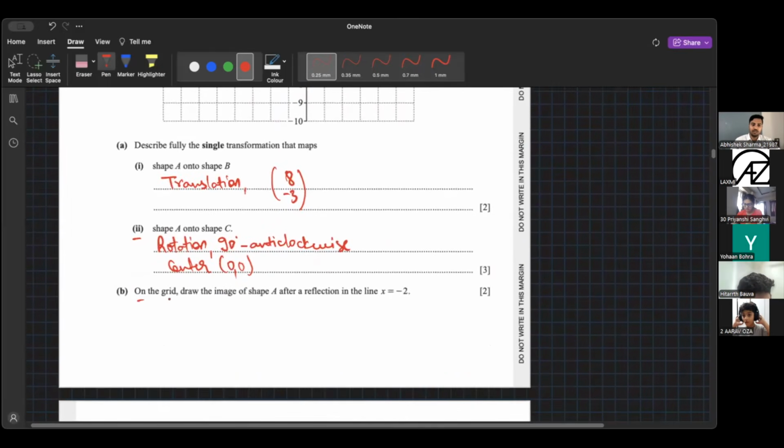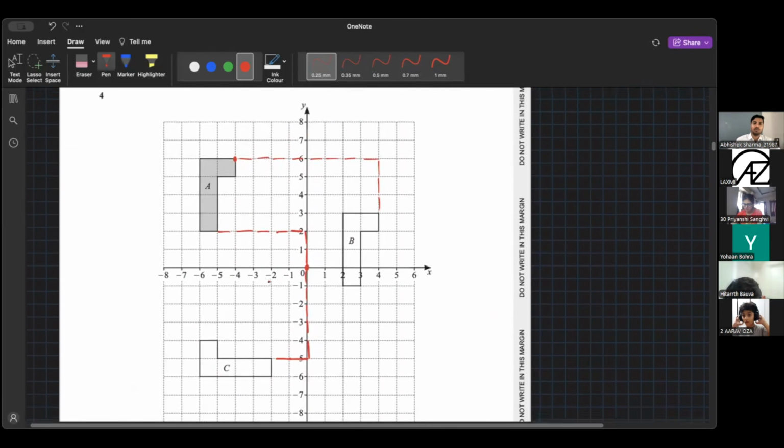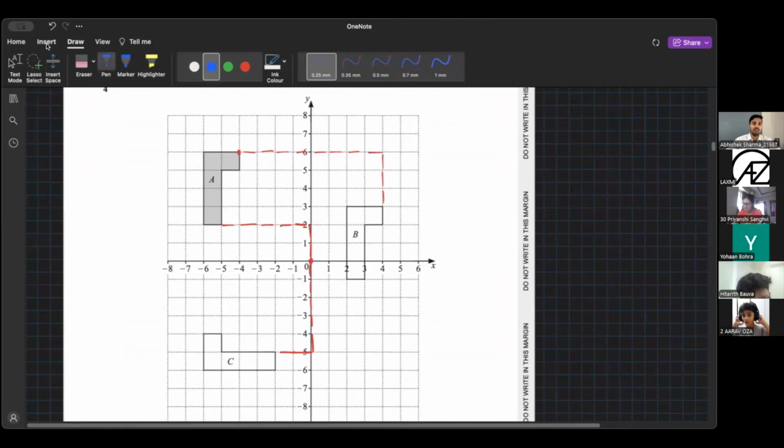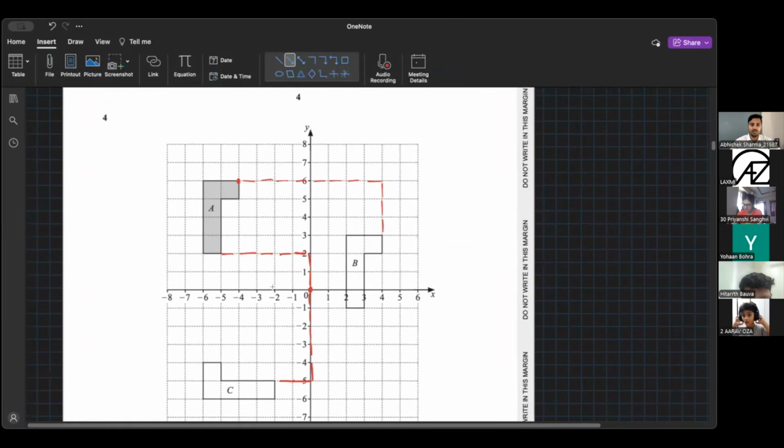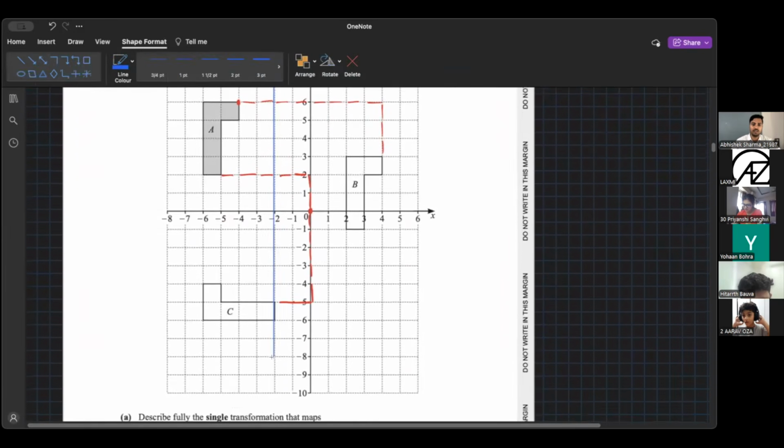Second part, it says on the grid, draw the image of shape A after the reflection in the line x equals minus 2. So first let's sketch the line x equals minus 2. So this is the line x equals minus 2 here, right? And we can extend it definitely.